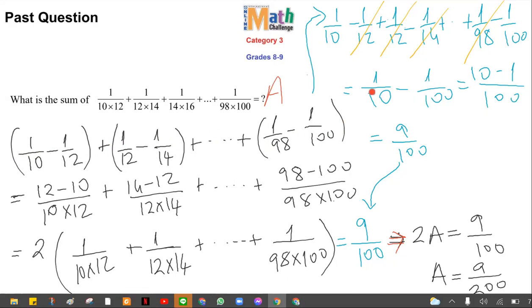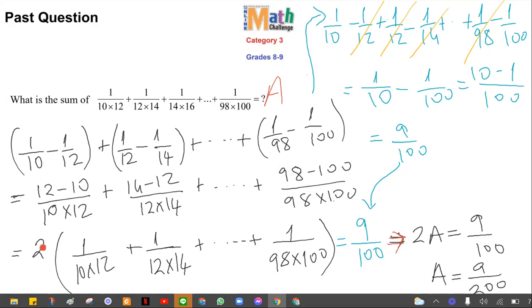This expression equals 1/10 minus 1/100. If you do this subtraction, you get 9/100. So 9/100 equals this whole expression. We realize that the inside bracket is just this one, because we factor out 2, which was common in all the fractions.